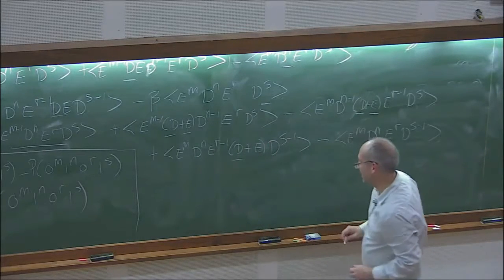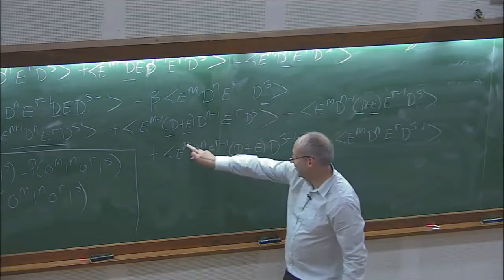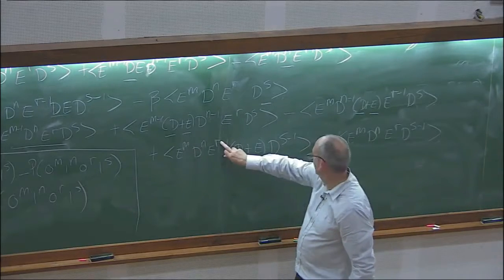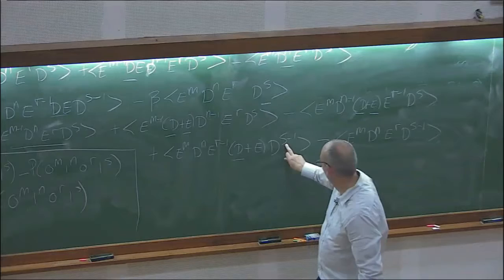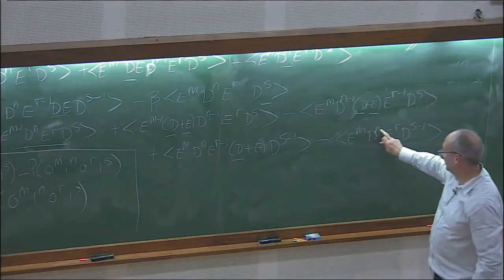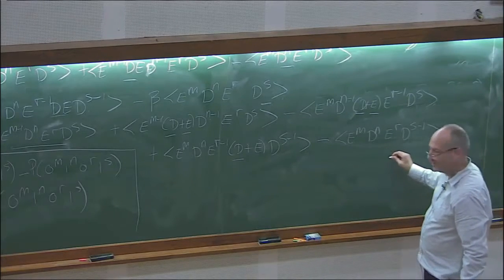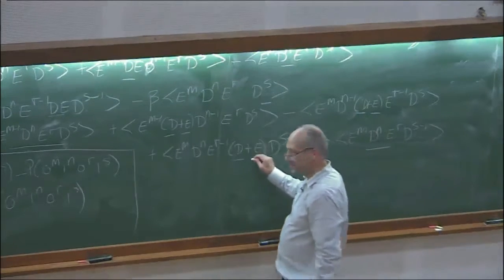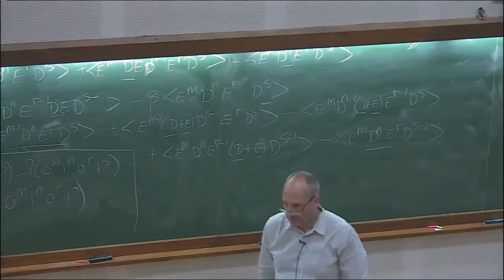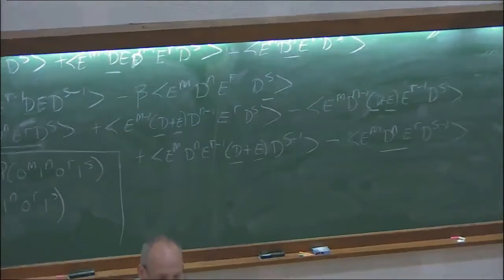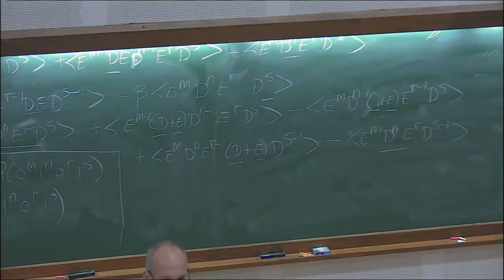And finally, this one is m n r s minus 1. It cancels with this one, m n r s minus 1. So you see there's a pairwise cancellation. You can formalize that, and if you use a heavier notation, you can show that this pairwise cancellation occurs for any configuration, not just the ones of the type I found.